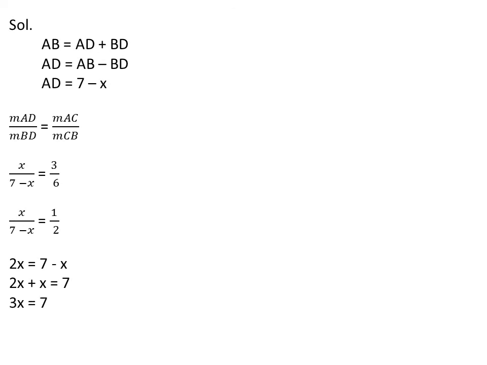Now divide both sides by 3, we get x equal to 7 by 3. We can also say that AD equal to 7 by 3 because we have supposed that AD equal to x. So AD equal to 7 by 3.